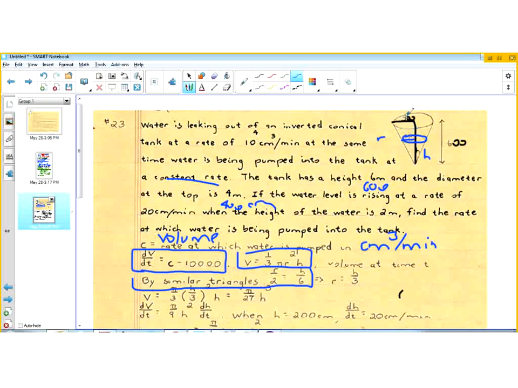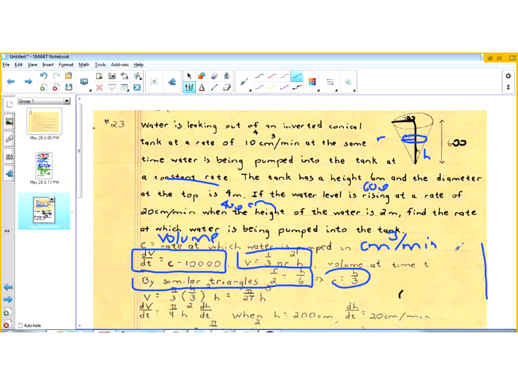Using this formula that I'm accentuating in the blue box, we have R is to 200 as H is to 600. So we can dispense with the big numbers for now and just say, supposing R and H were in meters, we would say R is to 2 as H is to 6. And now we have a formula for R in terms of H.